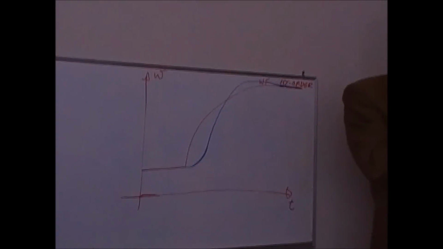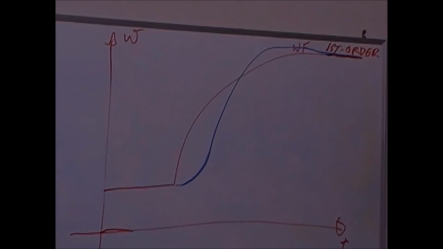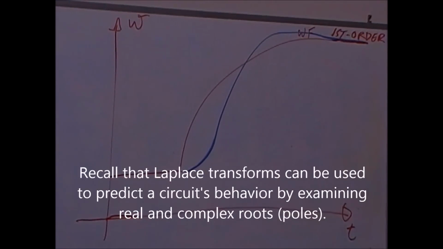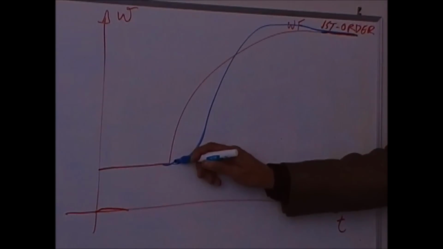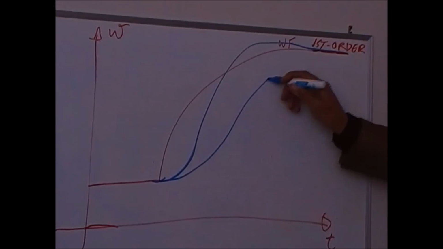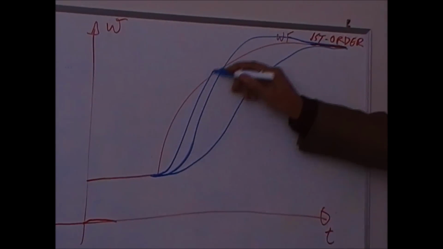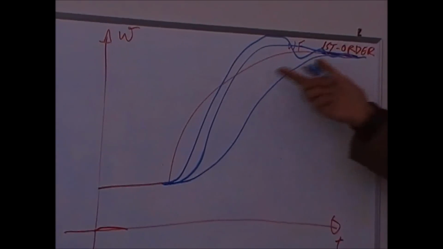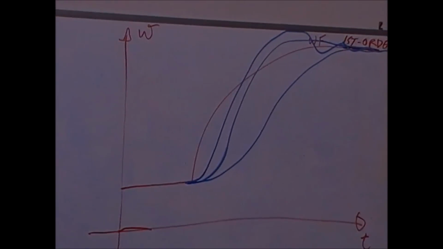So depending on the position of the poles in the Laplace plane, we may have the system behave like this, or like this, or like that. Overdamped or underdamped, depending on the damping factor, which is a function of the relationship between the poles.